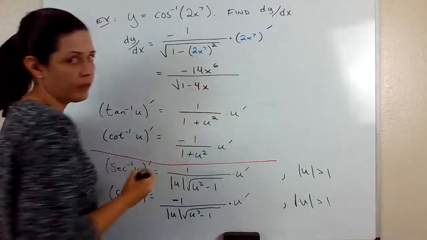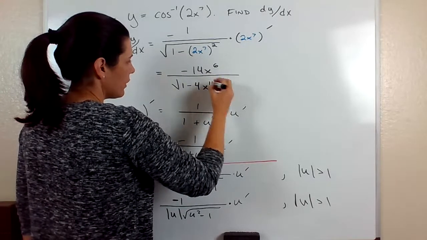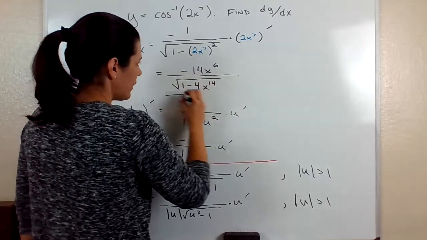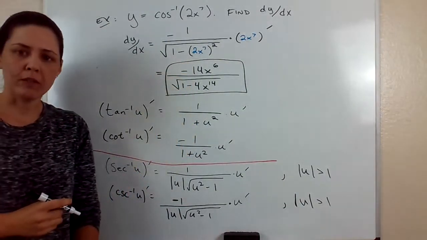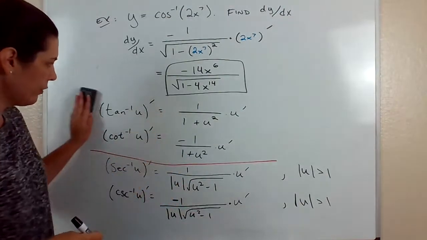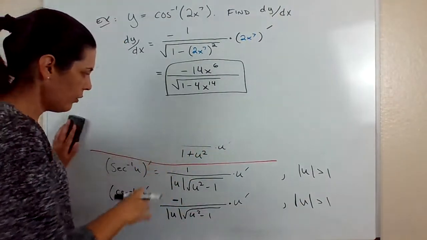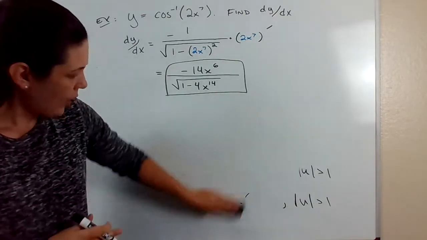And then remember your rules of exponents, you multiply these exponents, so x to the 14th. And that is our final answer. That's our derivative. So once we have these inverse trig function derivatives listed out, we can just fill stuff in. So let's try another one.